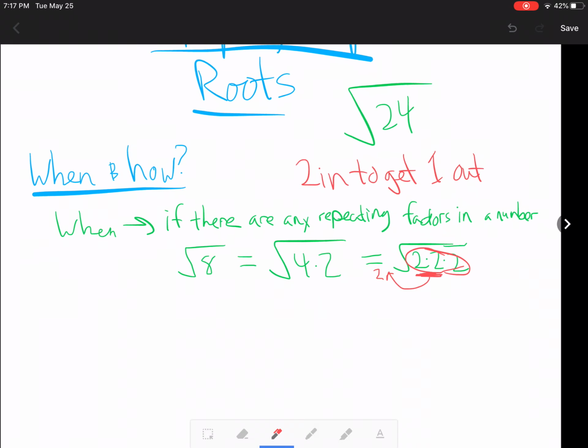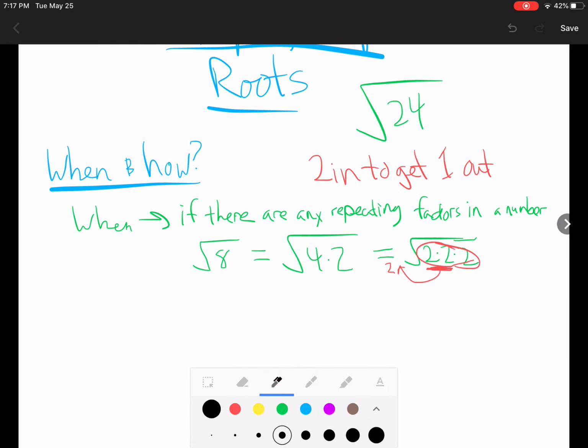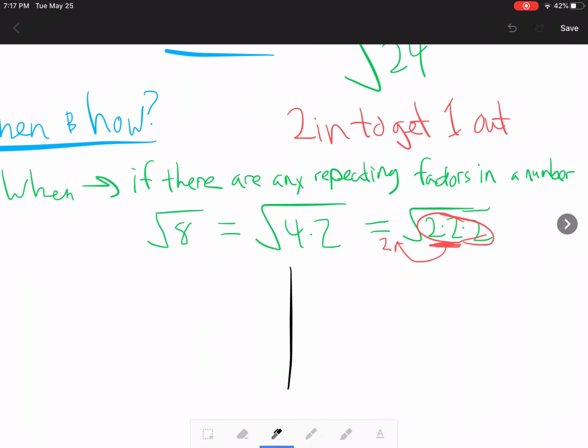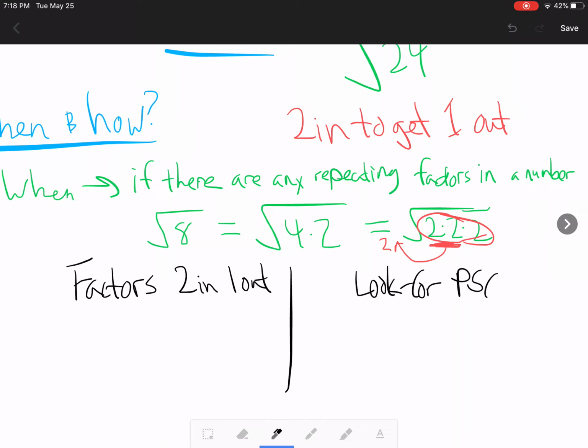There are 2 ways we can go about doing these kinds of problems. One way is that we just go to all the factors and we do the whole 2 in, 1 out idea. The other one is look for perfect squares. And so let's just kind of show you with these 2 examples right here.